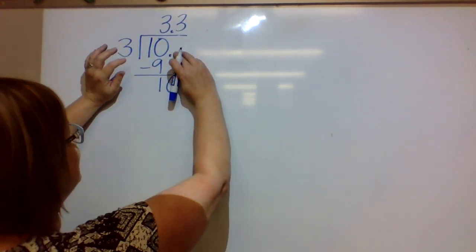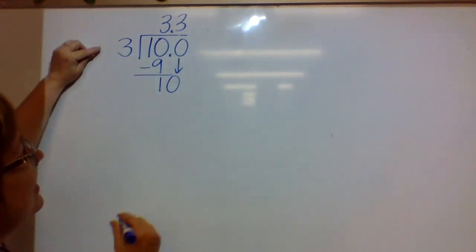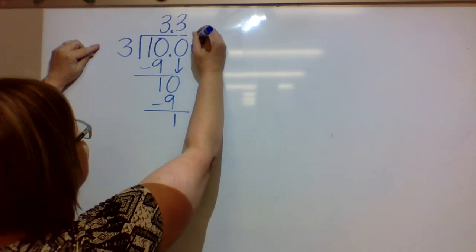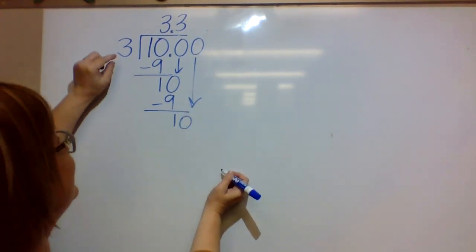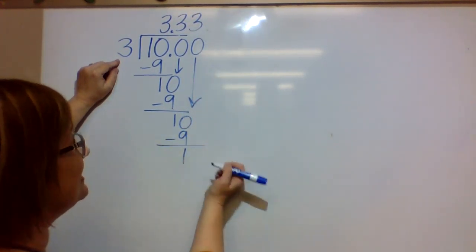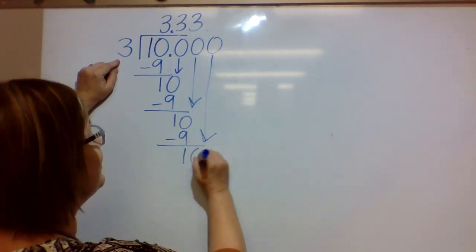And annex a 0. Sorry, I just brought down nothing. Okay, and it goes in 3 times. 10 minus 9 is 1. And so you annex another 0, which ends up with 10 again. 3 times 3 is 9. 10 minus 9 is 1. Ending up with, annex another 0, another 10.